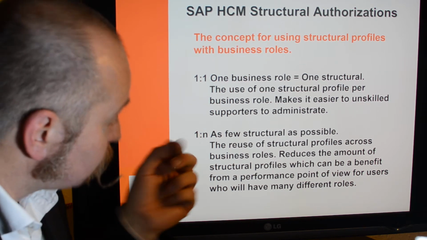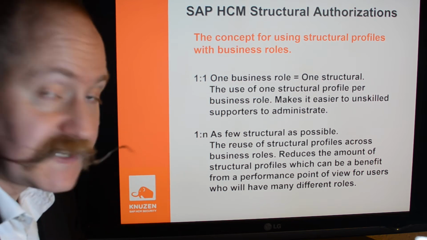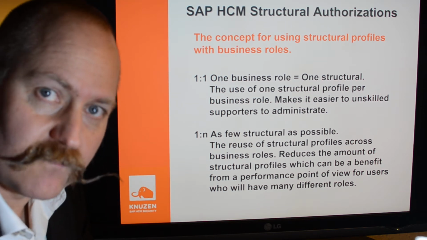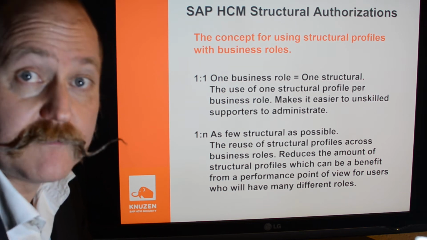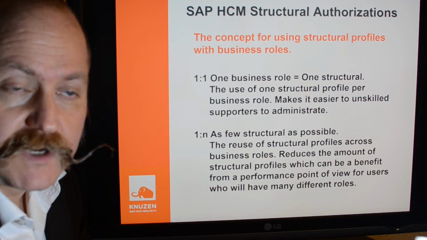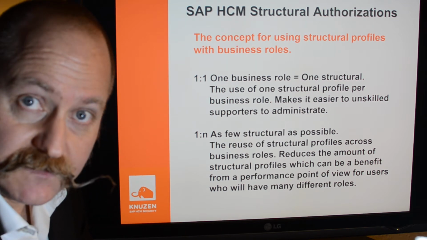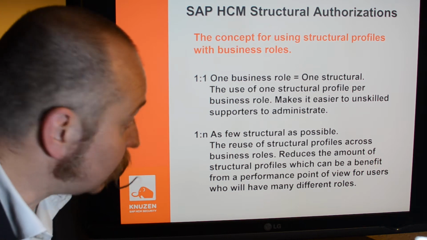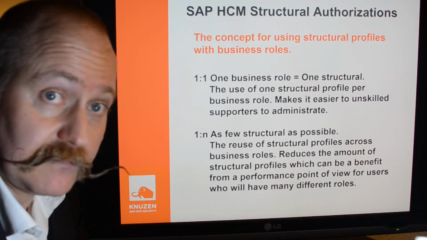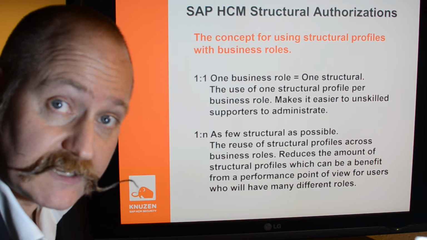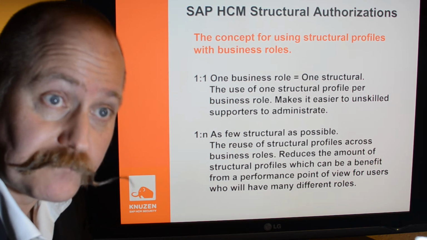Then you have the next concept. This is where you have as few structural profiles as possible. This is where you have one structural profile used by many roles. This one is reusing the structural profiles, and it reduces the number of structural profiles, which is a benefit from a performance point of view, especially for users who have many structural profiles or many business roles.